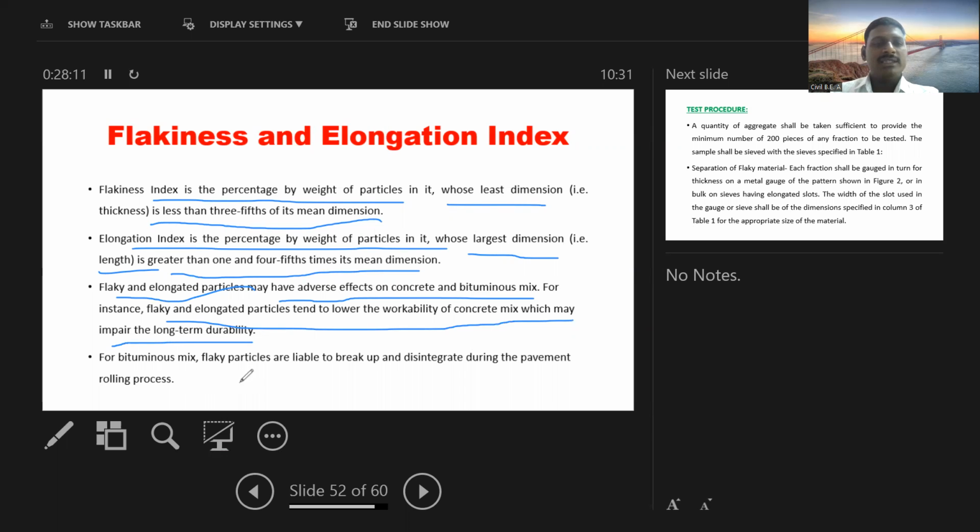Again, if the bituminous mix is there, meaning the BBM layer is on the road, flaky particles are liable to break and disintegrate during the pavement rolling process.